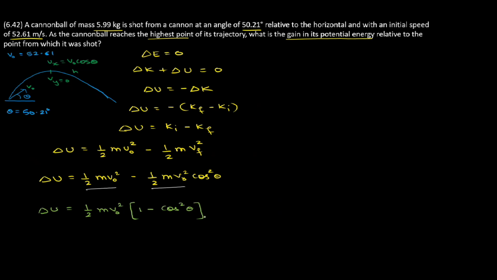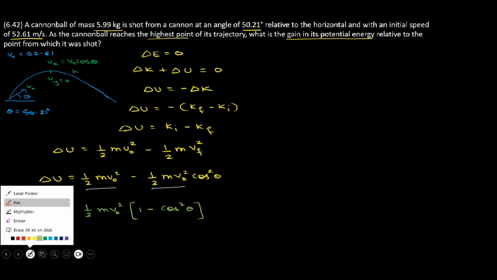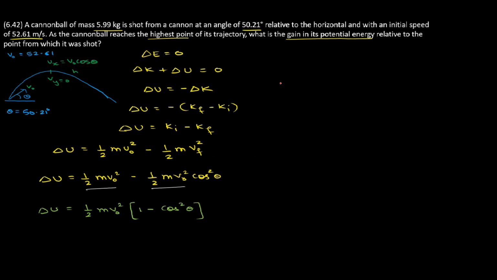Now I will substitute my values here to get the final answer. So let's substitute. We will write delta U equals half. Mass of the cannonball is 5.99.